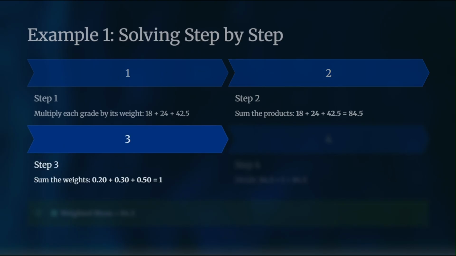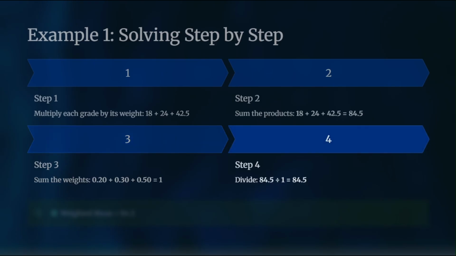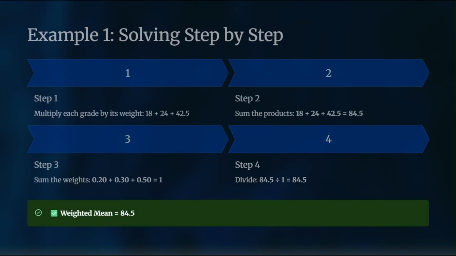We had 20% for homework, 30% for quizzes, and 50% for tests, which amounts to 100% or simply 1. We'll use decimals here. Finally, we divide the sum of the products, 84.5, by the sum of the weights, 1, and that will be 84.5. So the weighted mean is 84.5.